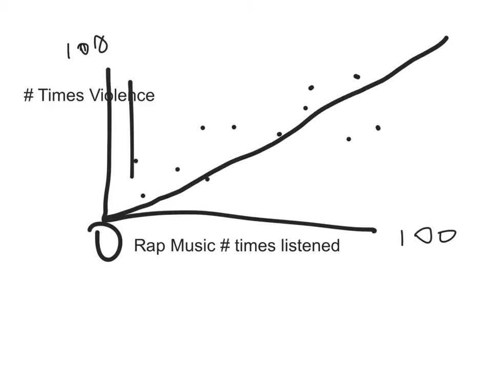The more you experience violence, the more you listen to rap music, or the other way around. So a correlation can imply cause and effect. In fact, in this case, it's probably both. But more so, the violence is probably having a bigger effect on causing people to listen to rap music than the other way around. Okay?